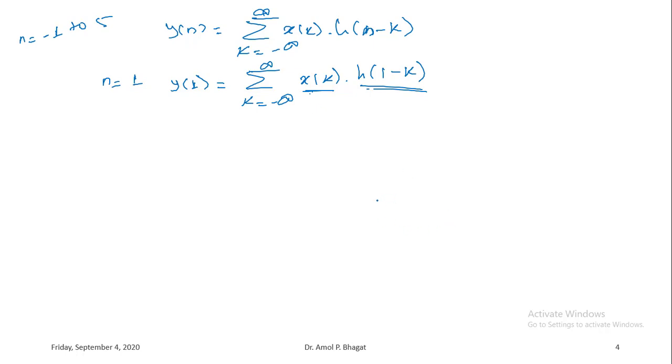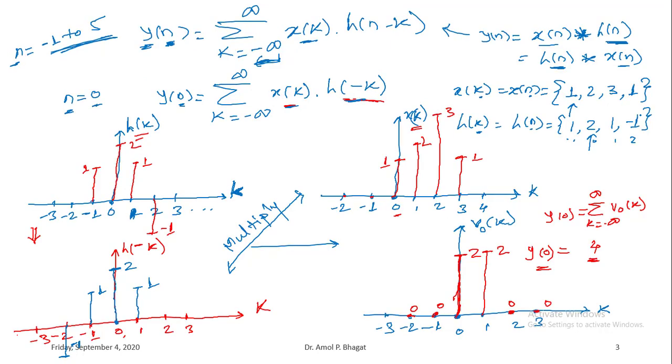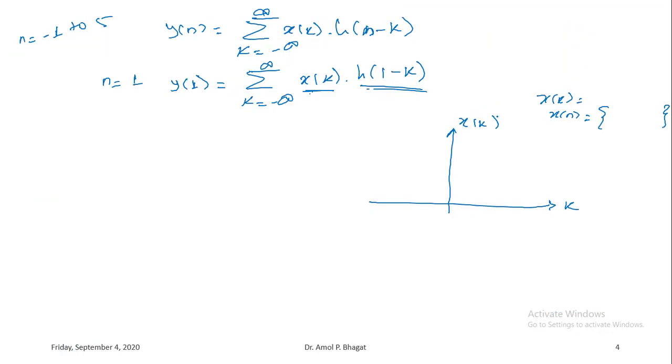Again, if I want to plot it here, the same sequence is there, right? So x of k with k, what is the input sequence? Your x of k is nothing but your x of n, comprising these 4 samples. So what are those samples? It is 1 2 3 1, right? So 1 2 3 1, origin at this first one.